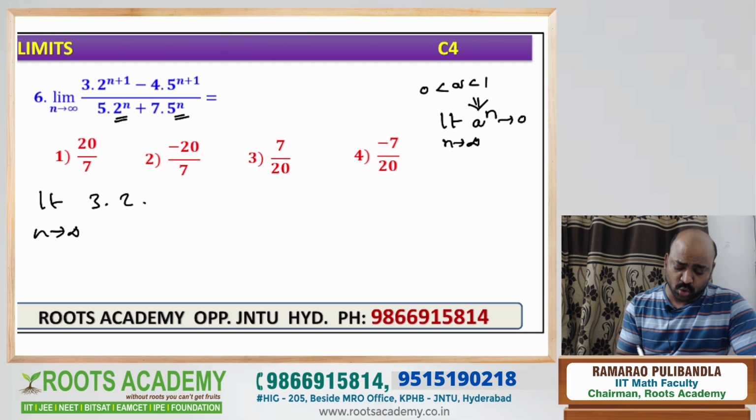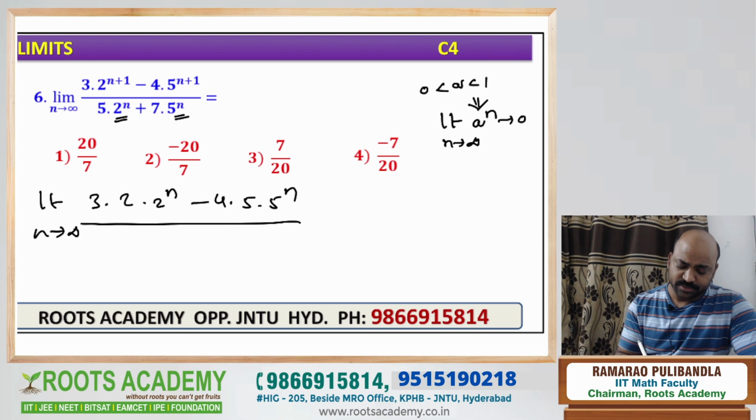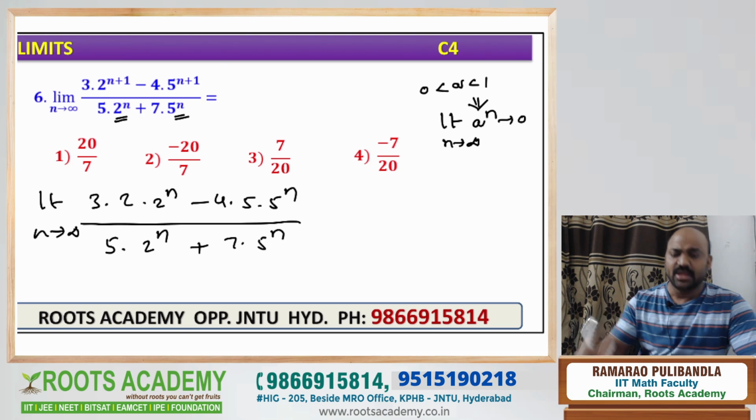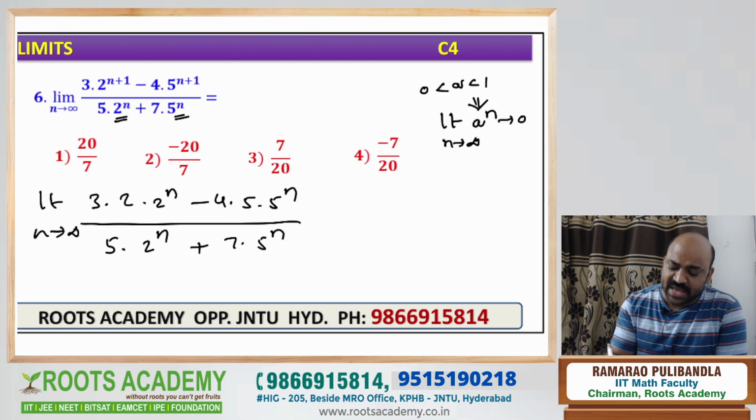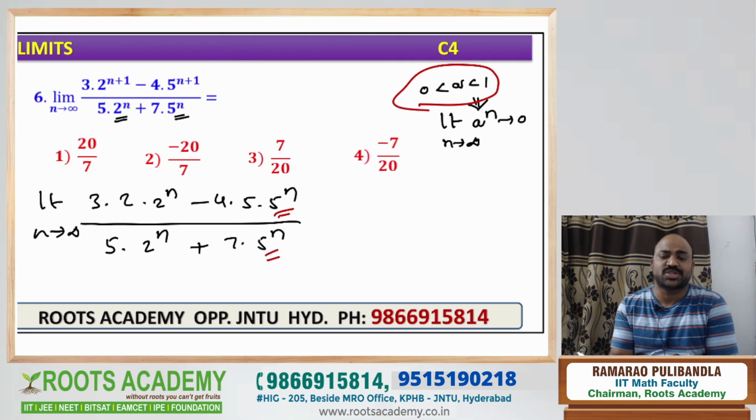So 3 into 2 into 2 power n minus 4 into 5 power n, by 5 into 2 power n plus 7 into 5 power n. Which power will you take common? Common sense says that to get a number which is less than 1, better to divide everything by 5 power n. That is the highest power.